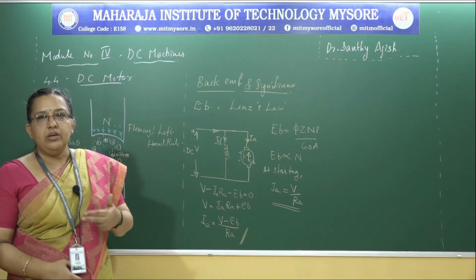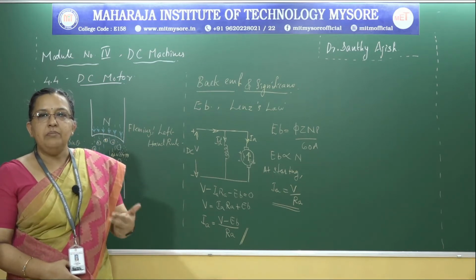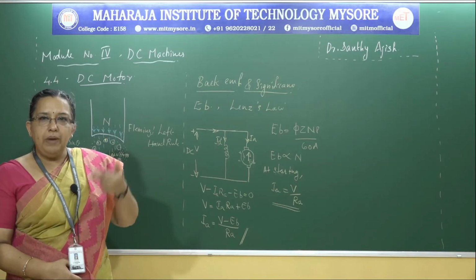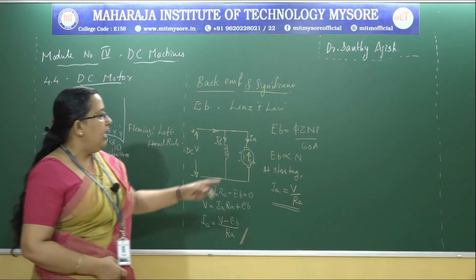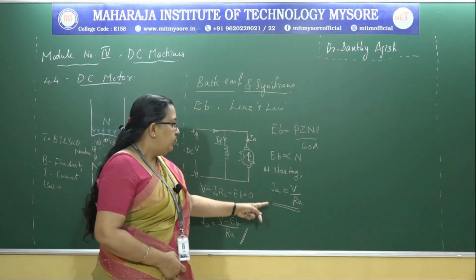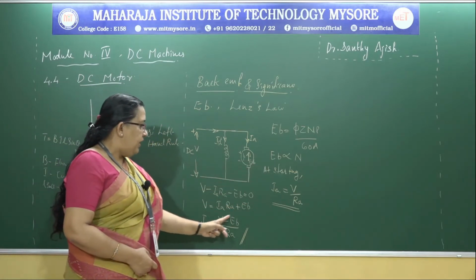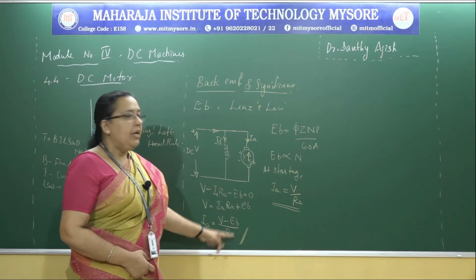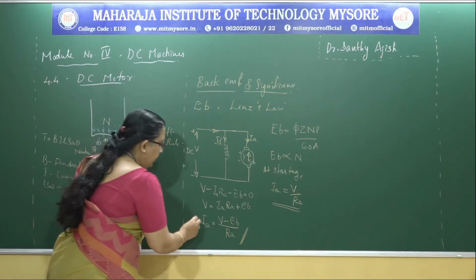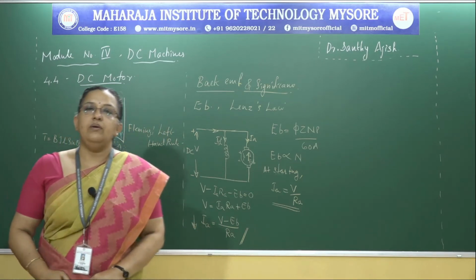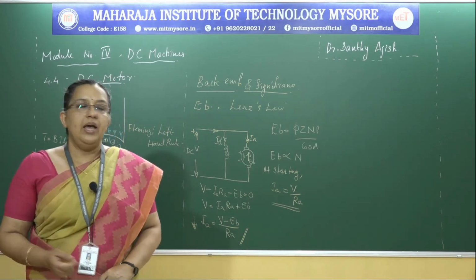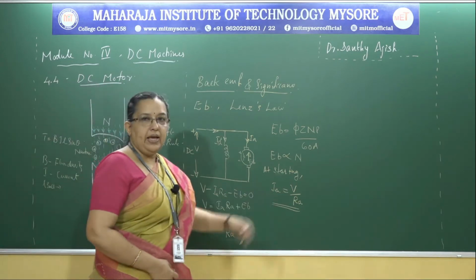As the load on the motor reduces, the speed increases. When the speed increases, the EB value also will be more, so that the equation becomes V minus EB divided by RA, and the armature current accordingly reduces. When torque on the motor is high, armature current also will be high.